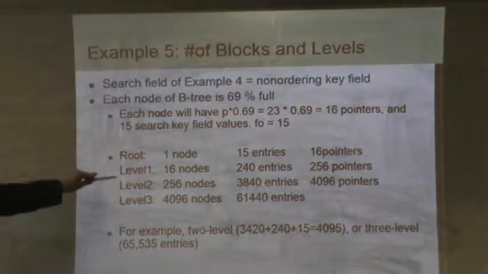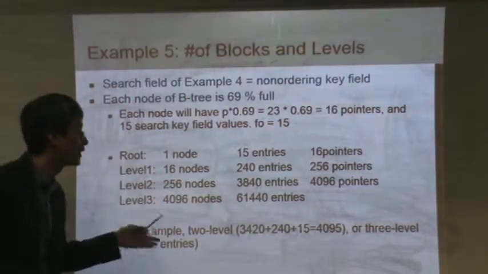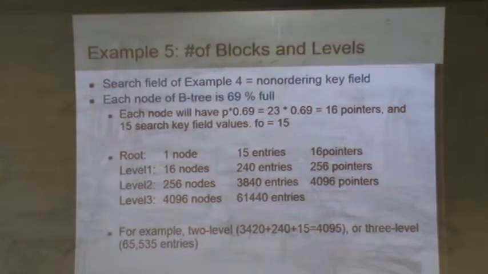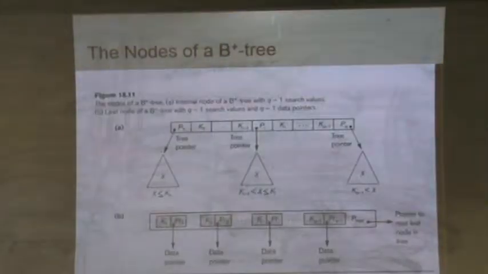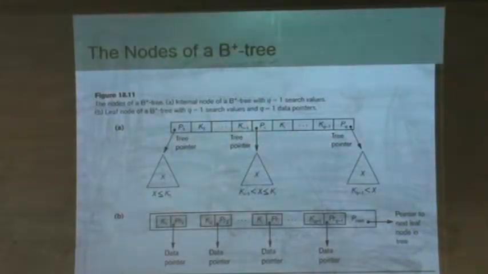Then evaluate how many nodes we need to build the B-tree structure. Then B plus tree is slightly different. Many of the students are confused about the difference between the B-tree and B plus tree. Both of them are balanced trees, but the B plus tree is a completely balanced tree, and it also has leaf nodes.